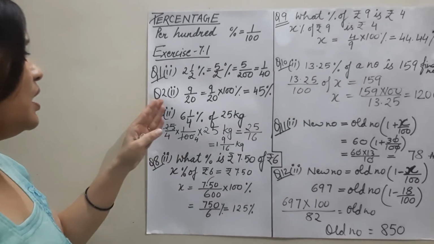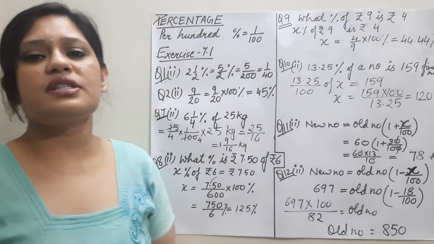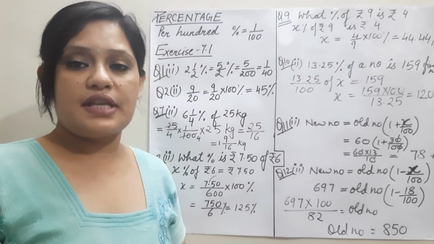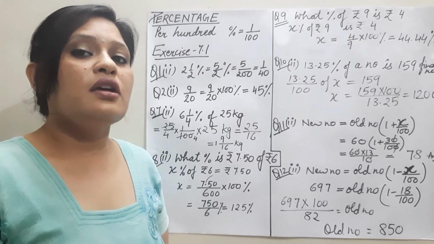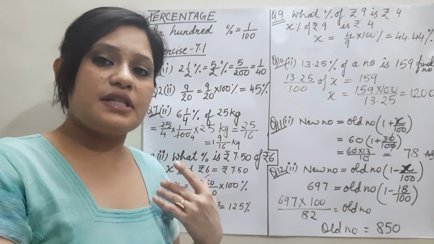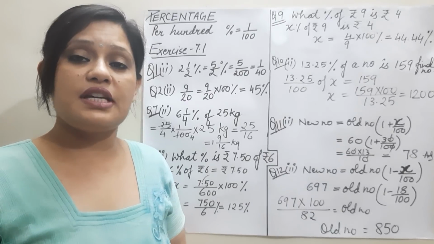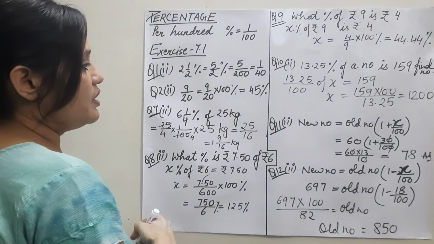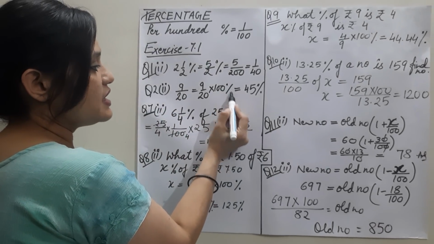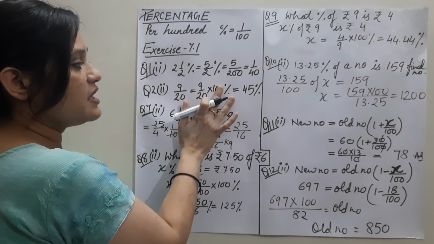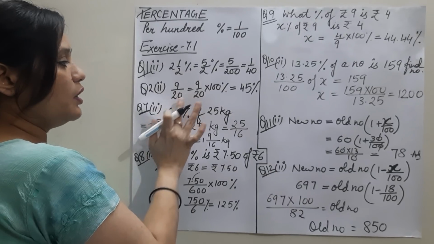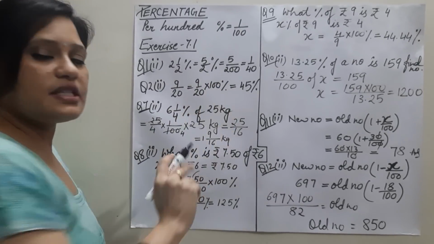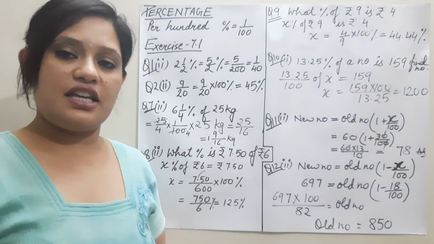Question number 2. A fraction is given and you need to convert it into a percentage. Clear? So to introduce percentage sign, we have to multiply by 100, because you know that percent sign is 1 upon 100. So 100 and 100 has gone. It was 9 upon 20. It remains 9 upon 20. 100 and percent sign are cancelling each other. Clear?